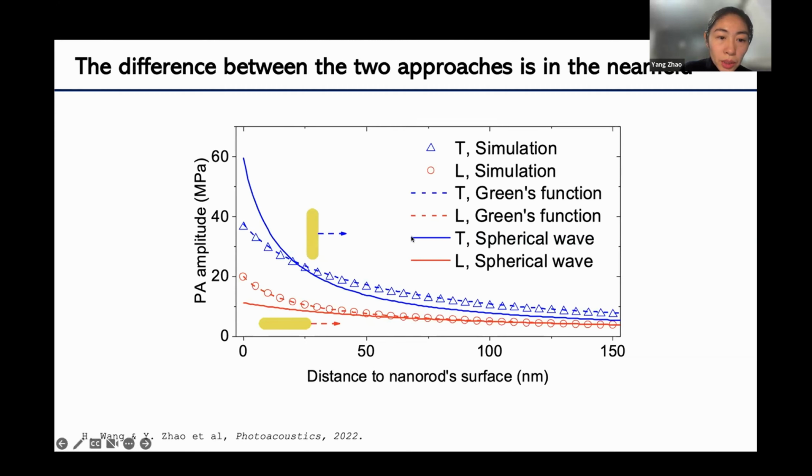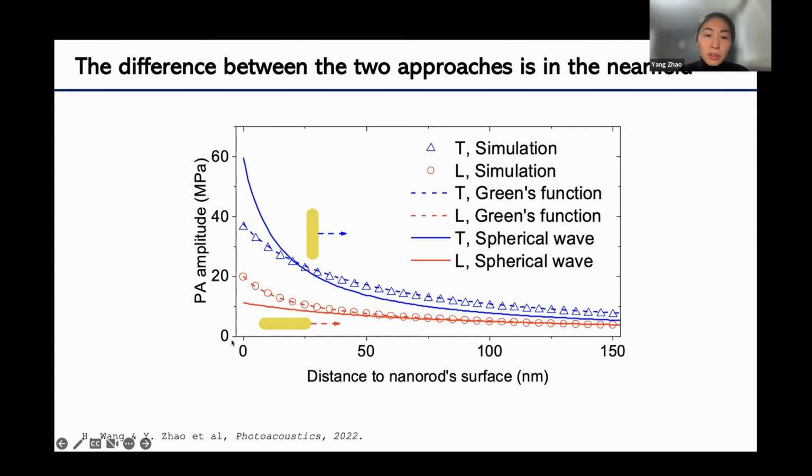The decay as a function of distance to the nanorod surface is different from the long edge and the short edges. So the transverse direction and longitudinal direction are different.